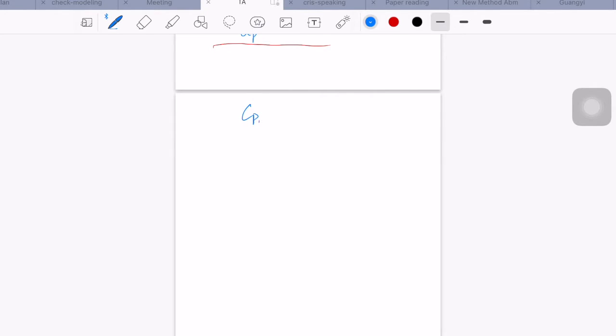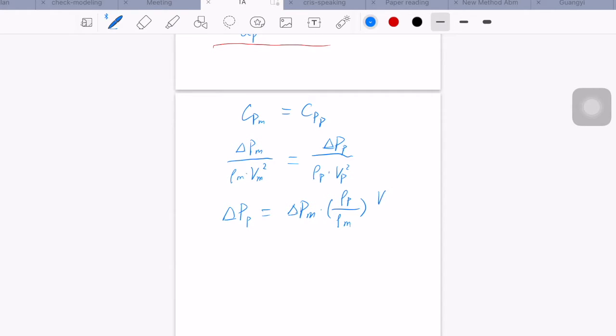So we know that CPM should be equal to CPP, and ΔPM over ρM times VM squared should be equal to ΔPP over ρP times VP squared. We get that ΔPP should be equal to ΔPM times ρP over ρM times VP squared over VM squared.